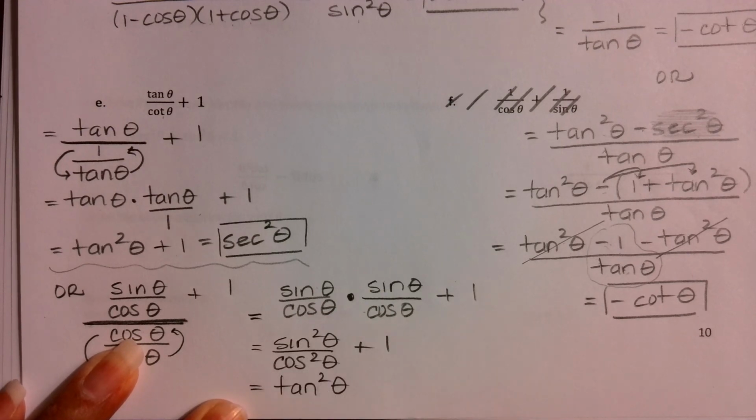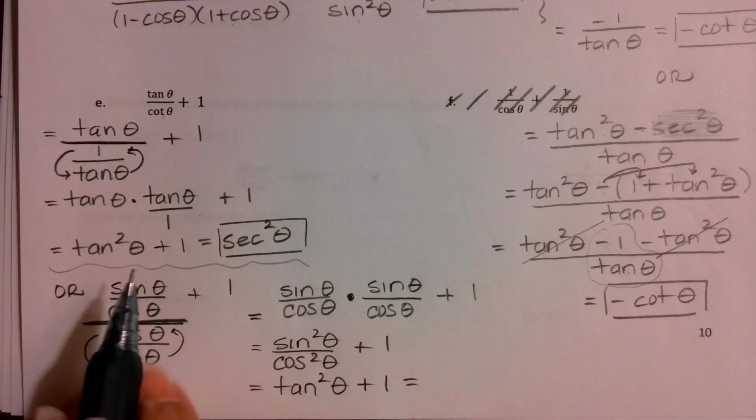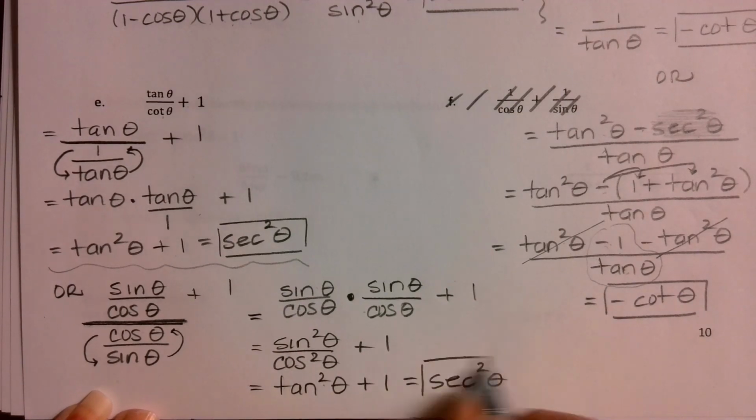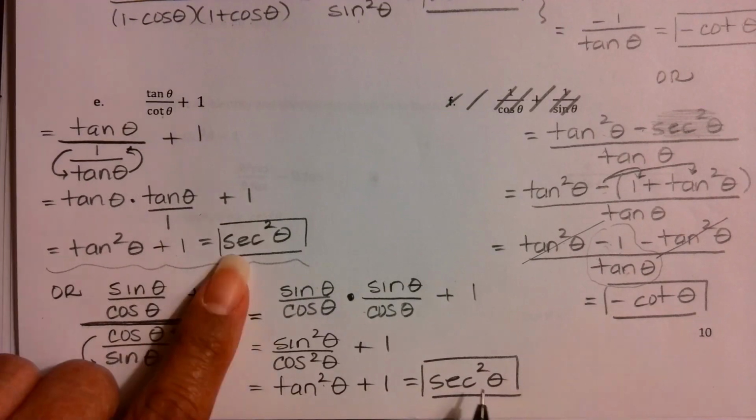Sine over cosine is tangent, so sine squared over cosine squared is going to be tangent squared. And by then you notice that you are where we are. We arrive at the same destination as we did in the first step.